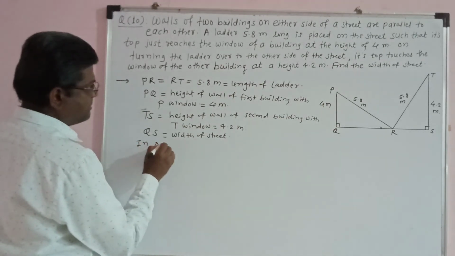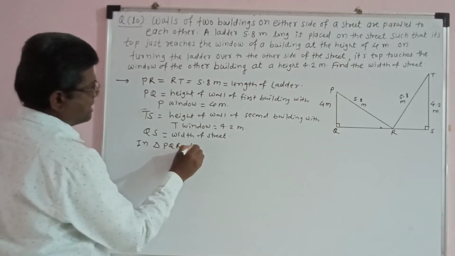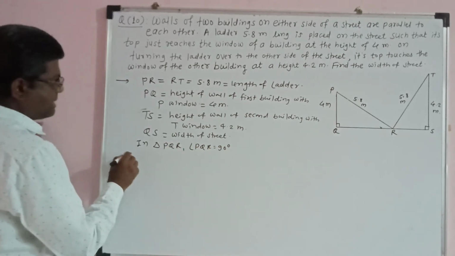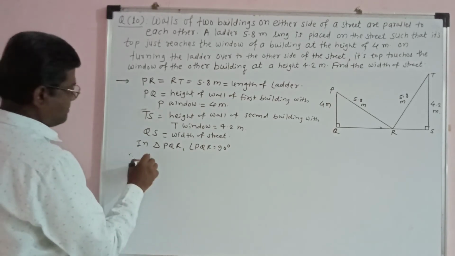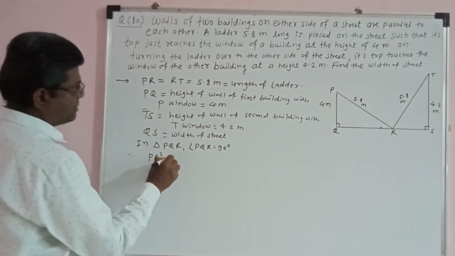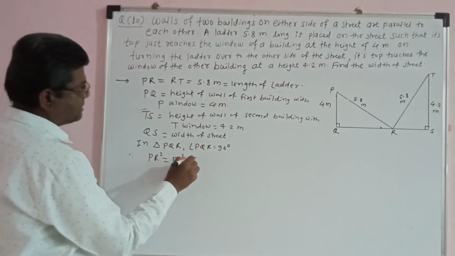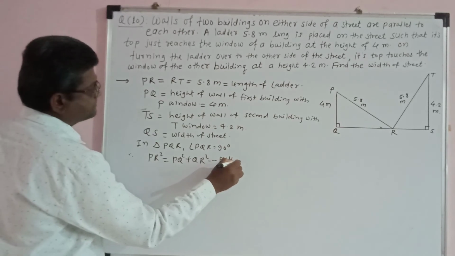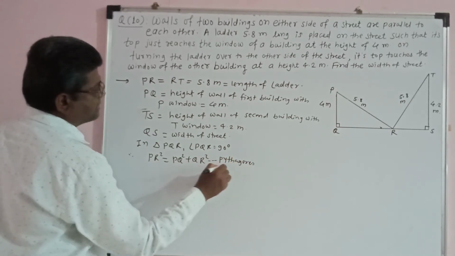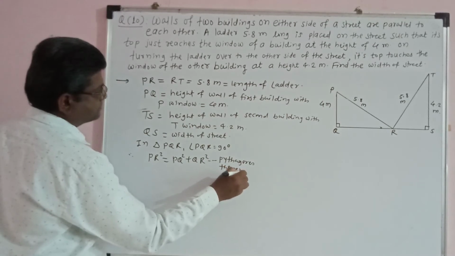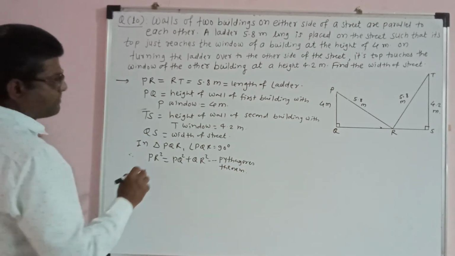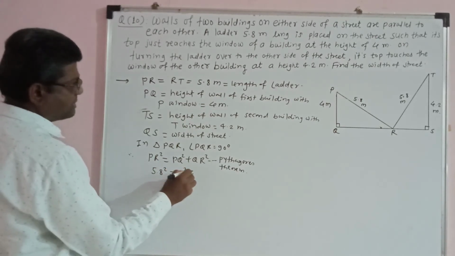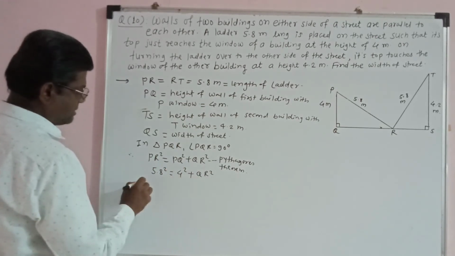Now in triangle PQR, angle PQR is equal to 90 degree. Therefore PR square is equal to PQ square plus QR square, Pythagoras theorem. Put value: 5.8 square is equal to 4 square plus QR square.